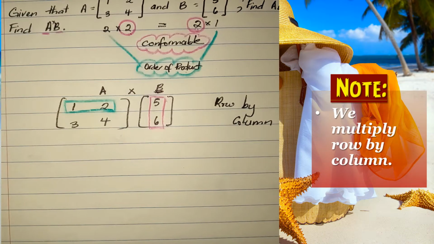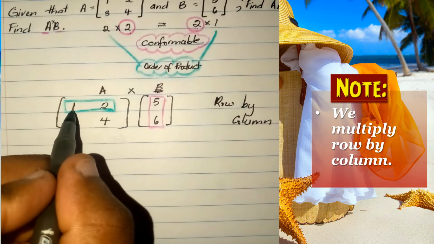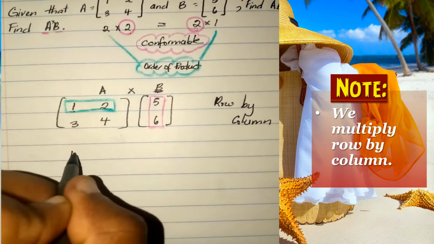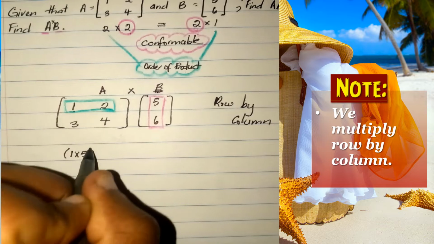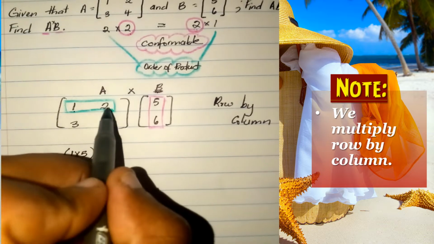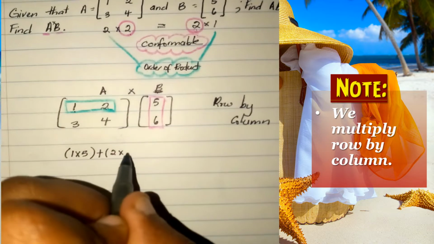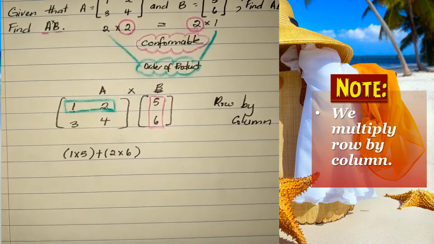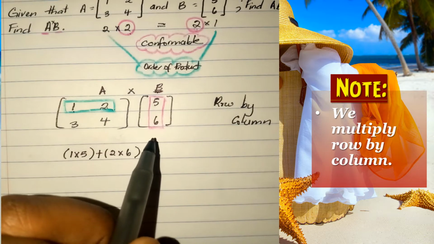And I'm multiplying it by the next column in the next matrix. So my first entry, row by column, I'm going to do 1 times 5, and I'm going to add that to 2 times 6. You see what happened a while ago? The row by the column.